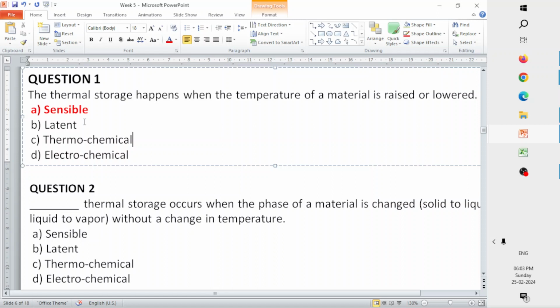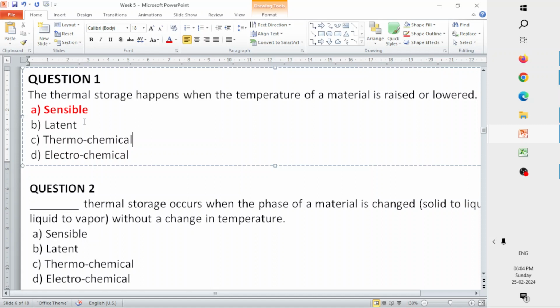Like water at 0 remains liquid and water at 100 also remains liquid. During this transition it remains in the liquid form. So this particular thermal energy storage is called a sensible thermal energy storage system. Now moving on to the next question.